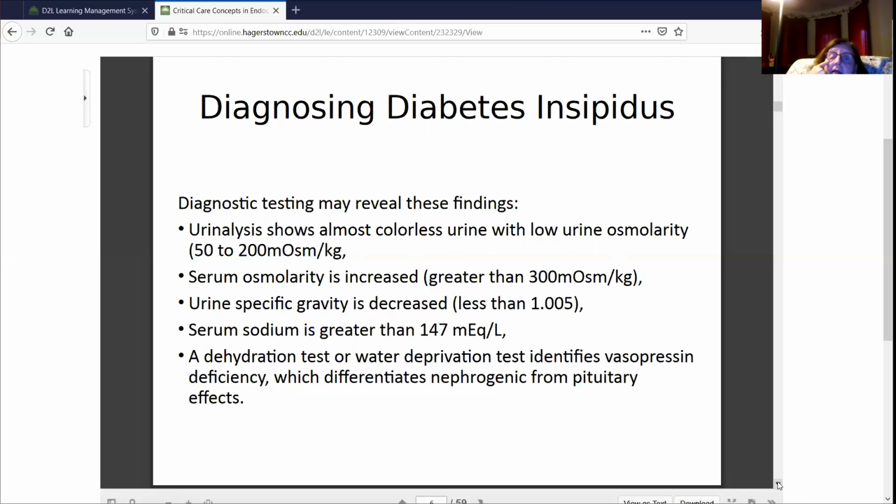Urine specific gravity is decreased less than 1.005. Serum sodium is greater than 147 milliequivalents per liter. Right? So it's concentrated. Dehydration tests or water deprivation test identifies vasopressin deficiency, which differentiates nephrogenic from pituitary effects. Okay, so it'll tell them which organ is being affected.